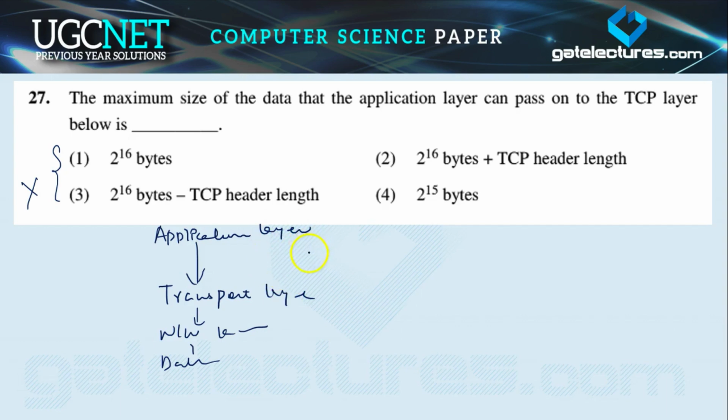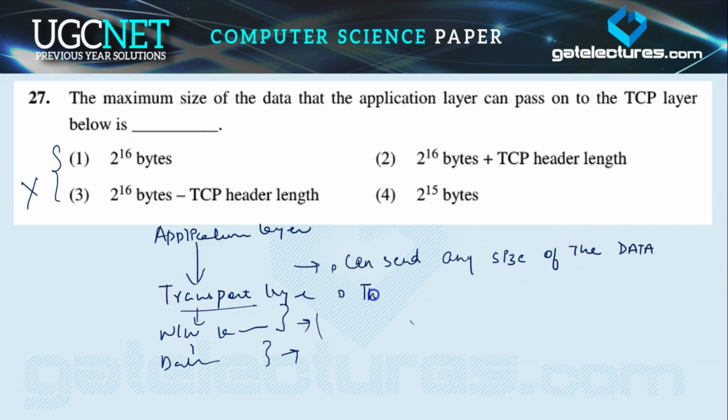There is no limit defined on the size of the data in this case. In the other layers, yes, there is a limit, but from application to transport layer there is no limit. The application layer can send any size of data. There is no limit.